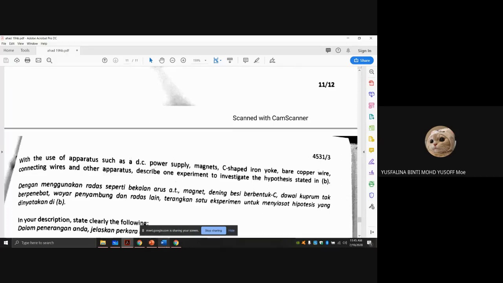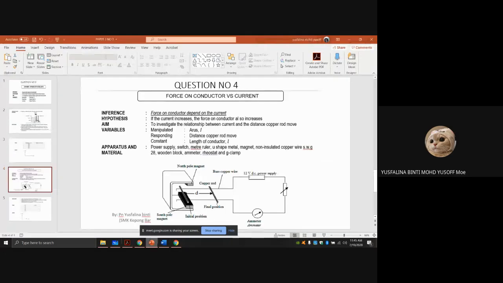So the first one: force on conductor depends on the current. Hypothesis: if the current increases, the force on conductor also increases. Starting from the aim, I didn't use the word force anymore. Why?